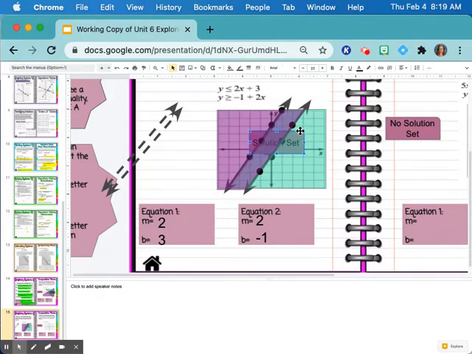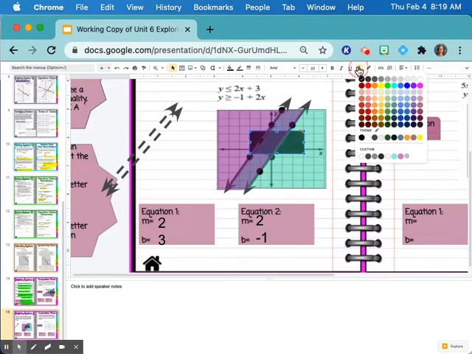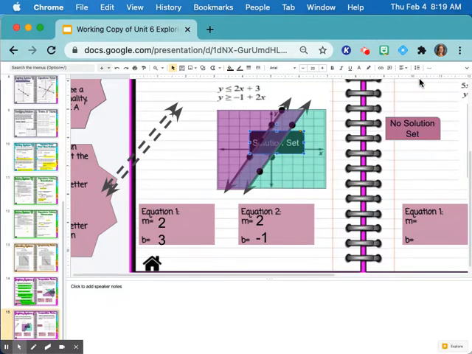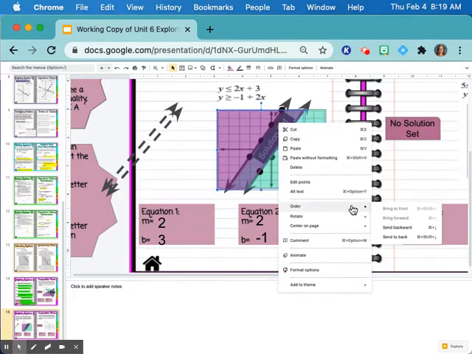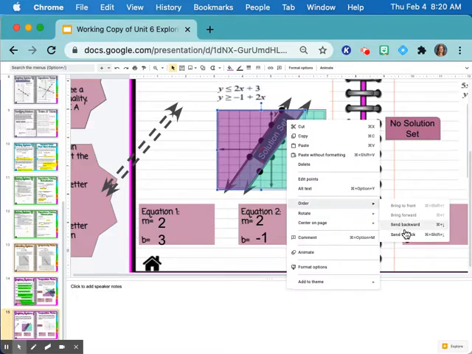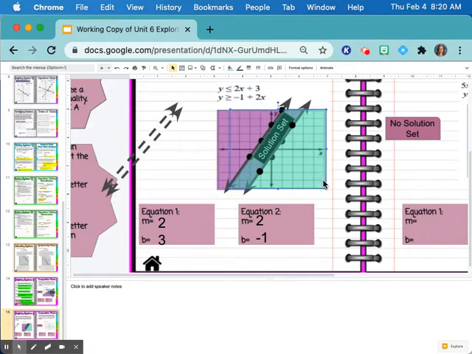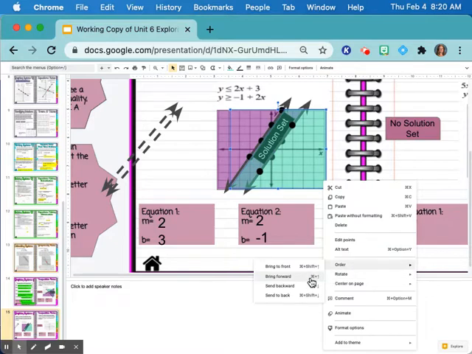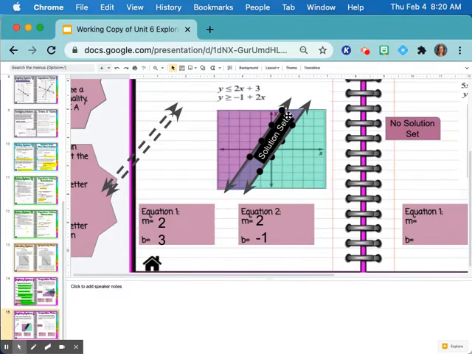So I'm going to take this, put this over the solution set. I don't like how it looks, so I'm going to change it to black, change this to white, and then I'm going to turn it sideways, scrunch it in, and bring it to the front. Send that one to the back. Okay, there we go.